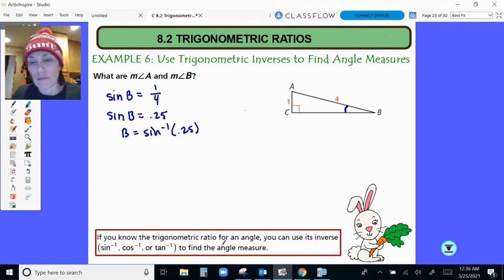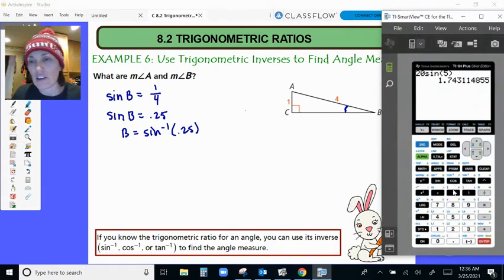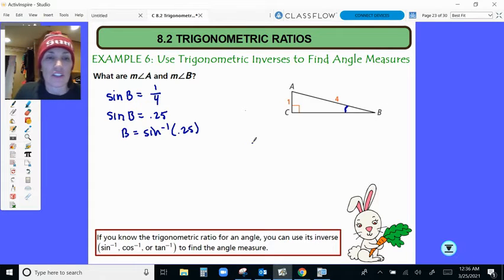Now I'm going to get out my trusty little calculator and use second function, inverse sine, put in my 0.25, close my parentheses, and enter. So it's about 14.5. So my angle B is about 14.5 degrees.